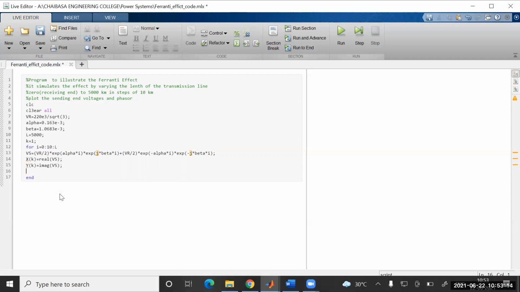Now this data has been saved in this particular format.